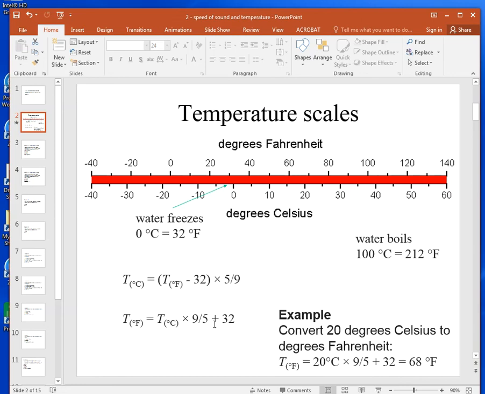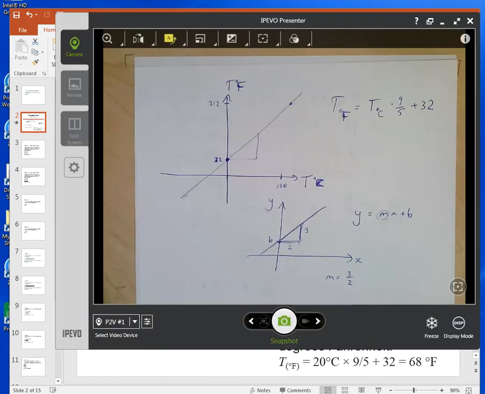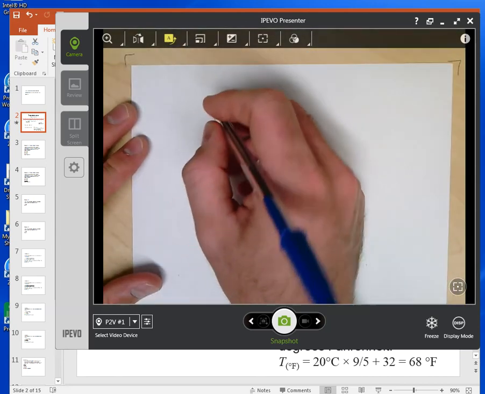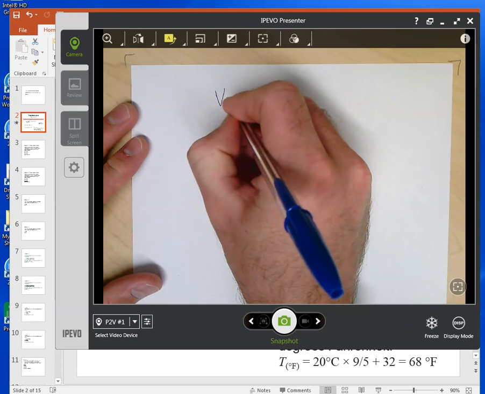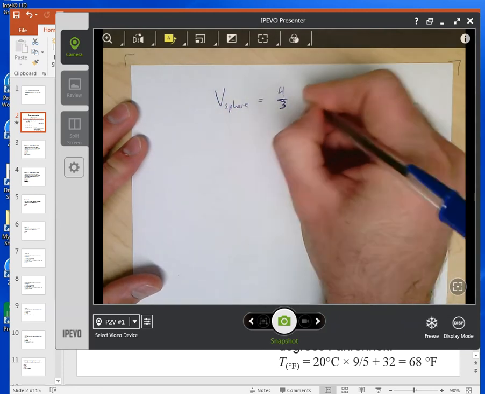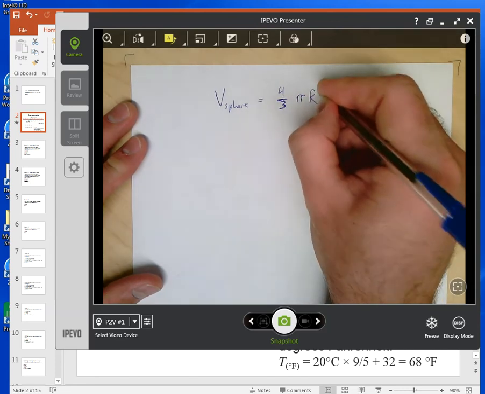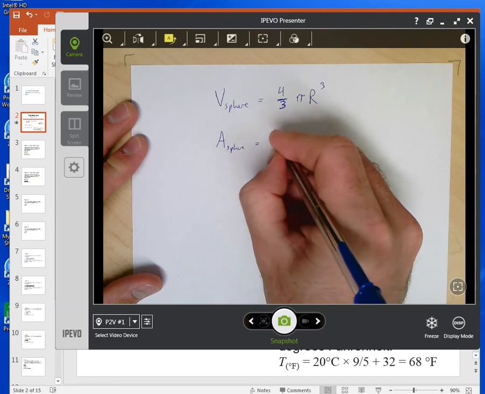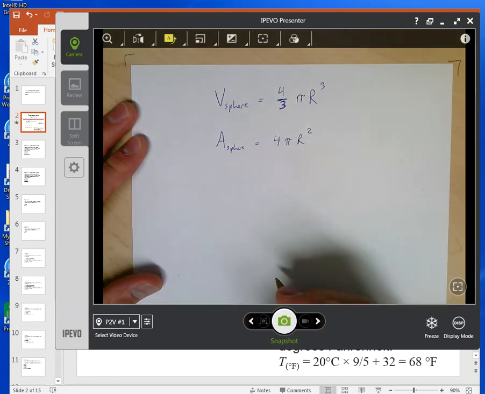A couple things about speed of sound. Oh, you're going to see that there is volume and surface area for a balloon. Maybe I'll just, there is a link to go to, but just in case for some reason the link was broken, the volume of a sphere is going to be equal to 4/3 pi times the radius of the sphere cubed, and the surface area of a sphere is equal to 4 pi r squared.